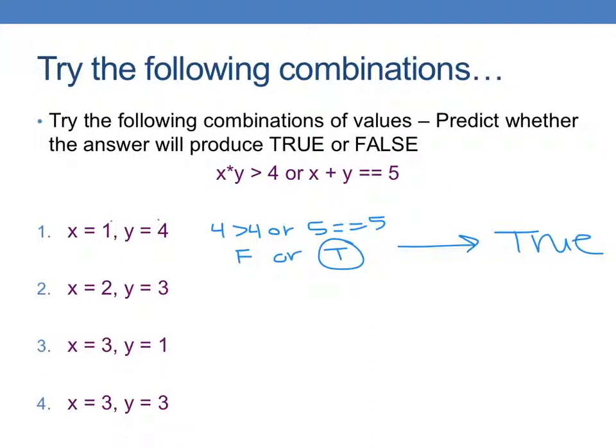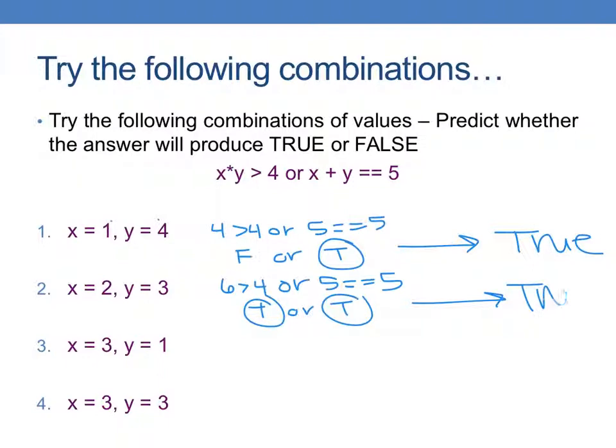Then this next one, we have 6 is greater than 4, or 5 equals 5. So that's true or true. Because they're both true, the whole thing evaluates to be true. Here we have 3 is greater than 4, or 4 is equal to 5. So that's false or false, and since both are false, the whole thing evaluates to be false.